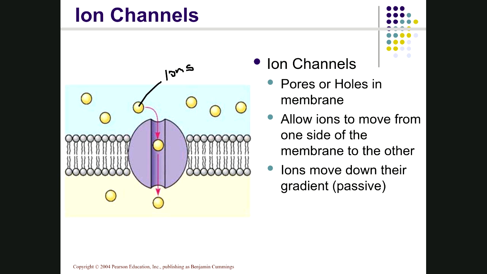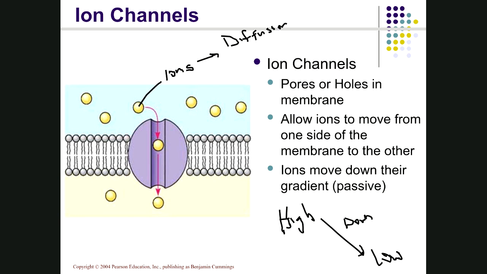Now, ions move by diffusion. And that's something else you should remember from general biology. Remember, diffusion is when substances move, and they only move one way. They only move from high concentration to low concentration. They move down their gradient.